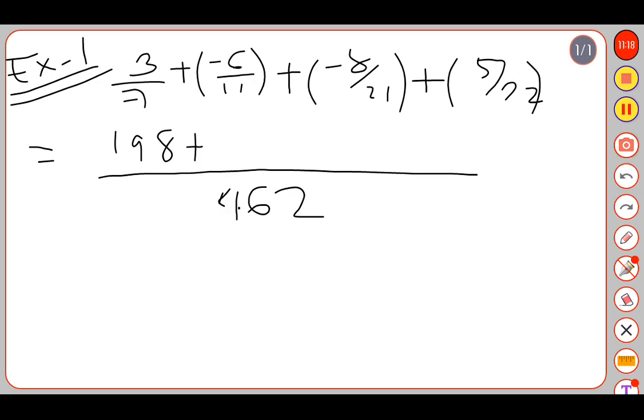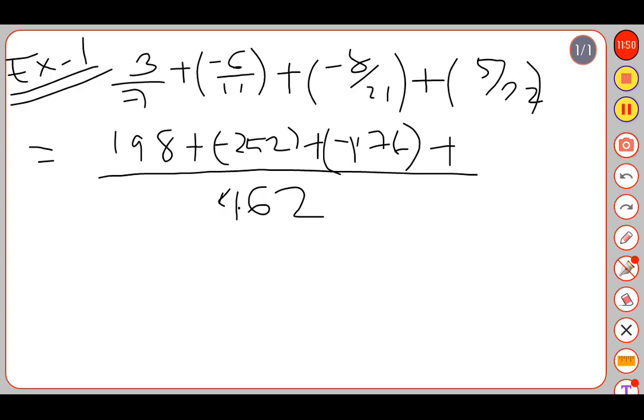Here we will divide 462 by 6... we will get 77, and 77 into 6 will be minus 252. Here again we will divide 462 by 21. We will get 22, and multiplying it with minus 8, we will get minus 176.